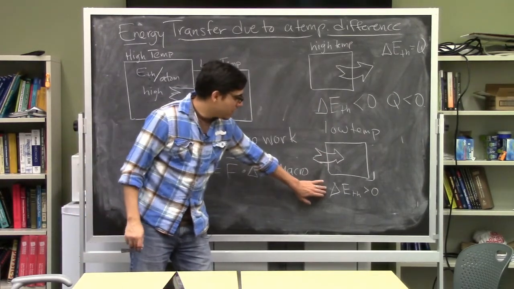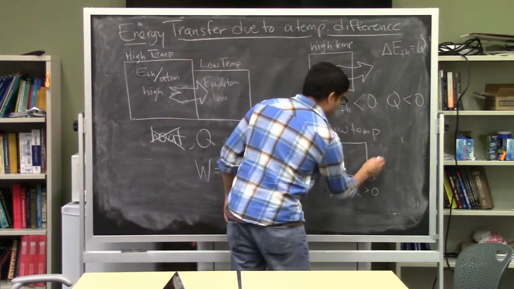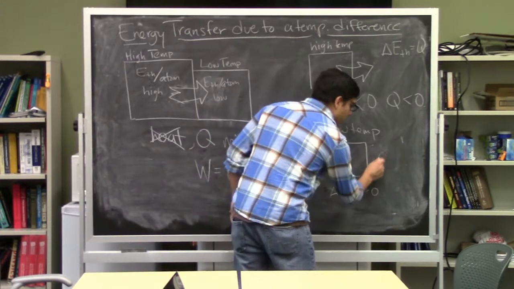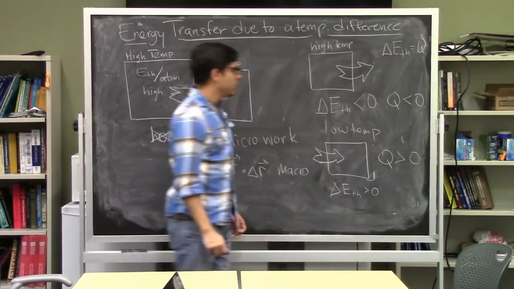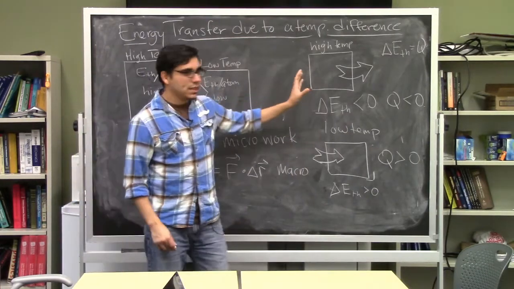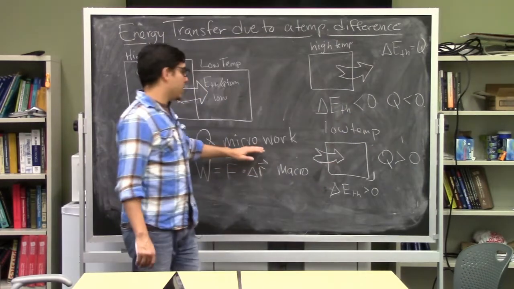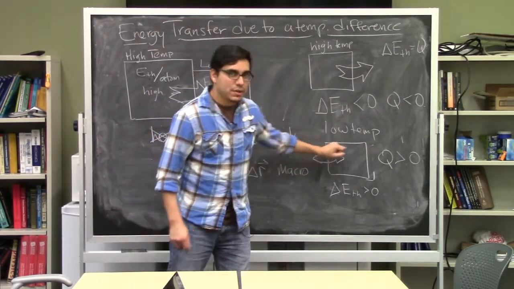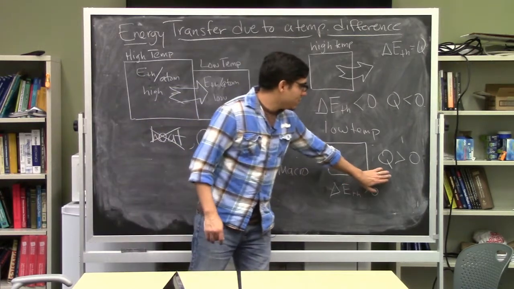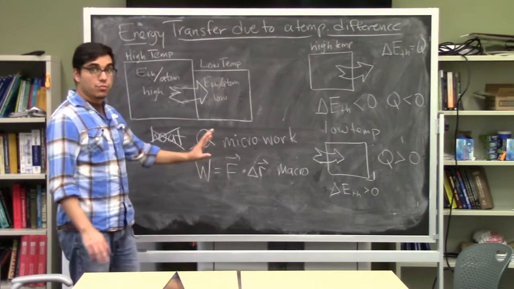And so because this change in thermal energy, again, is associated with a heat exchange or with microscopic work, the Q here is going to be positive. So a situation where you have thermal energy leaving a system corresponds to a negative Q, or a negative microscopic work. A situation where you have thermal energy coming into a system is where you have a positive Q, or positive microscopic work. So getting those signs right is really, really challenging.